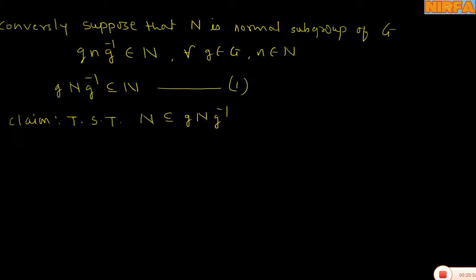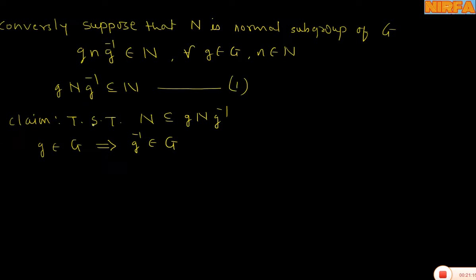So we know from equation 1 that if you take any element g from G and write g N g inverse, that is a subset of capital N. So using this relation from equation 1, since G is a group, if g belongs to G, it implies that g inverse is also a member of G according to the inverse law.